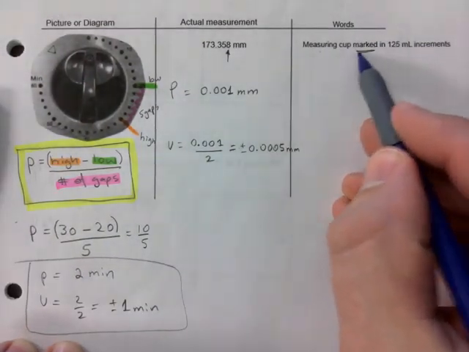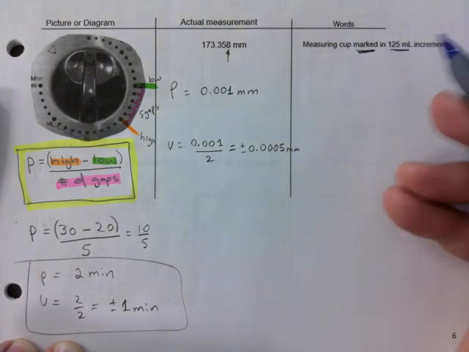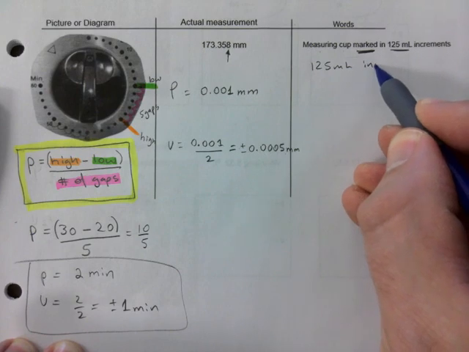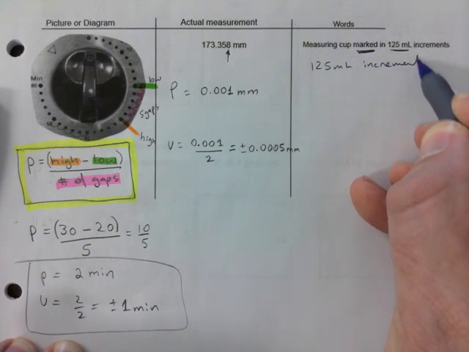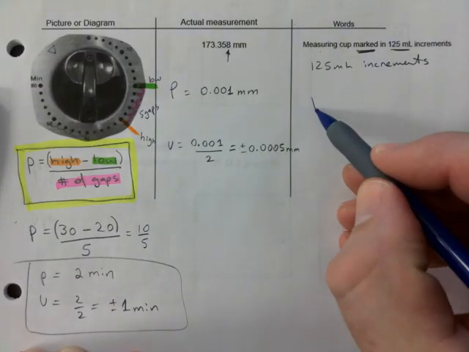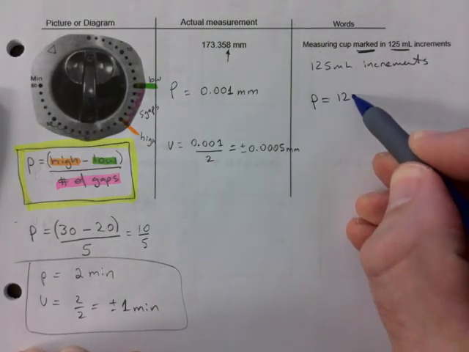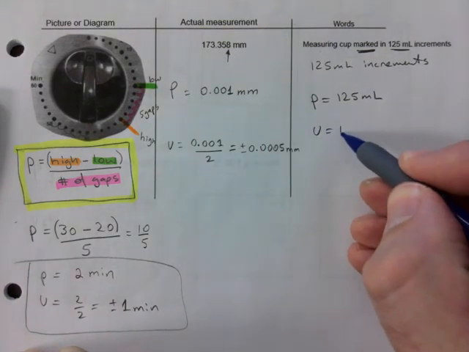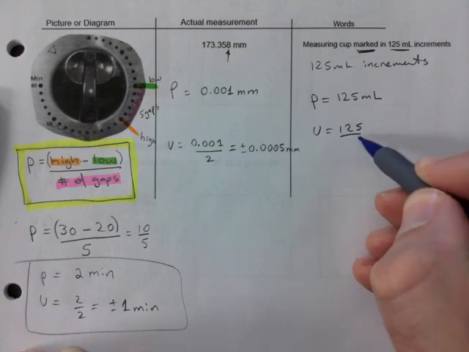Measuring cup marked, you know that in this, right? So increments, 125 ml increments. That's what that translates to, okay? So my precision is automatically 125 milliliters. That's it. Uncertainty is 125. Guess what?